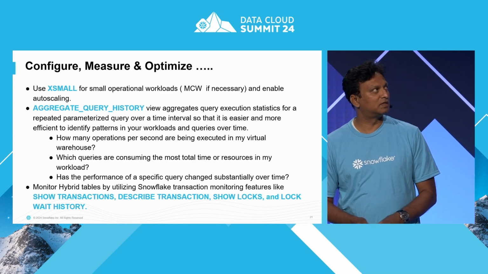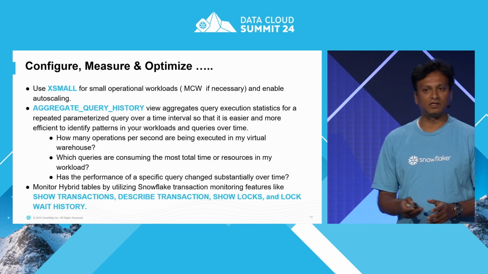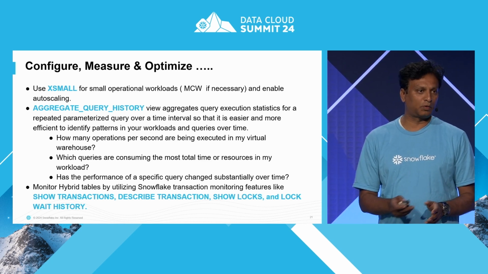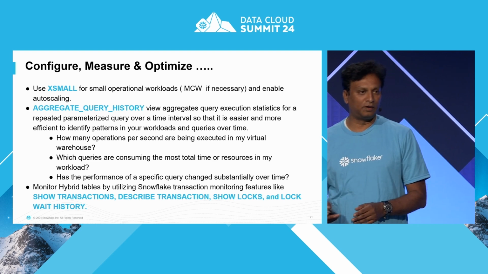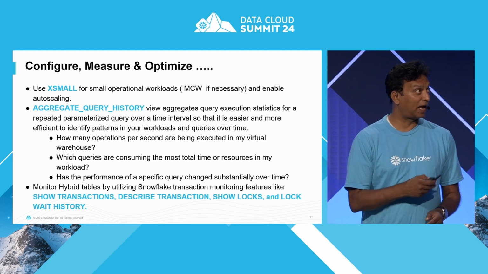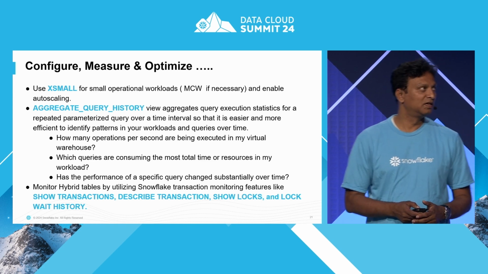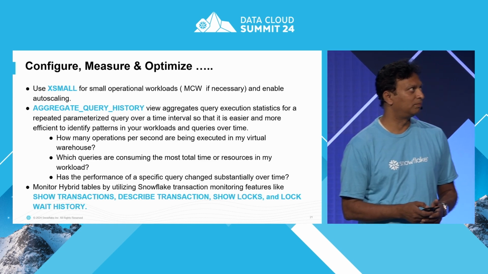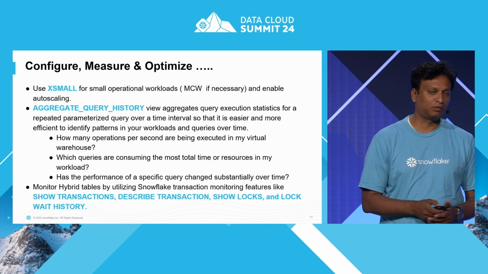The second one is, as Dimitris said, don't look for query history because all the hybrid table queries are not going to be in your query profile. If you want to look for these queries, they will be in aggregate query history, where we'll be providing you the repeated parameterized queries over time.